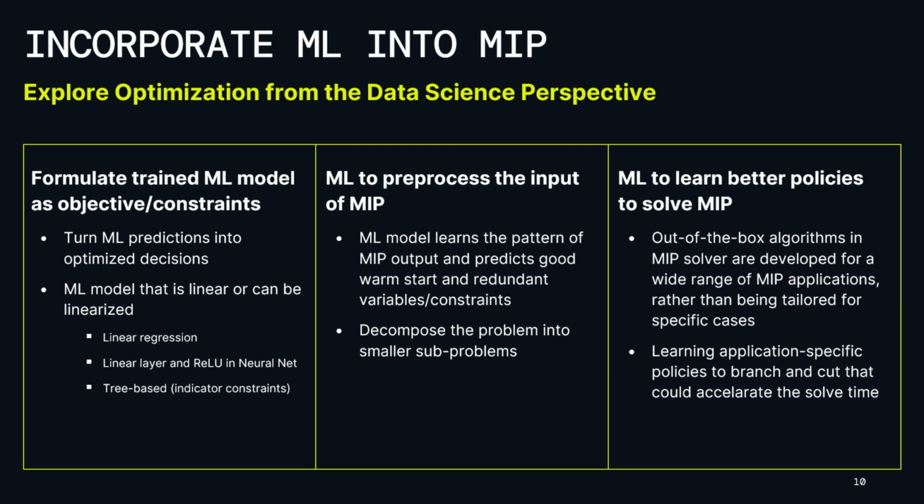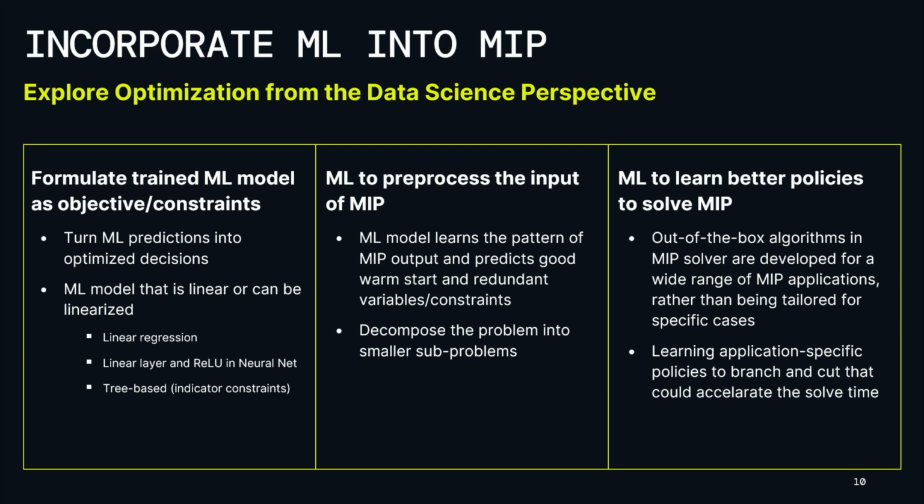There are research papers that study how to use machine learning to actually improve the algorithm used to solve mixed integer programming. People use deep reinforcement learning and graph neural networks to try to learn a better policy to solve mixed integer programs.